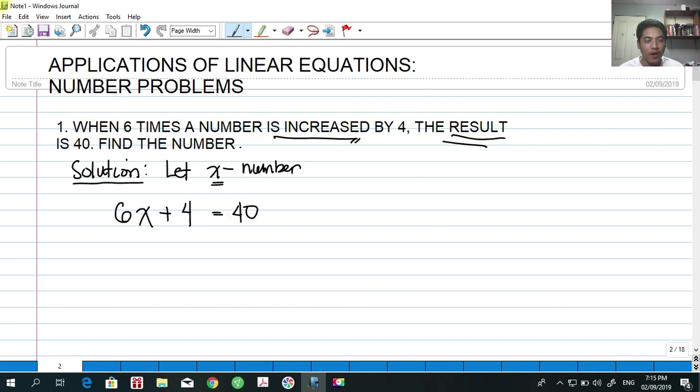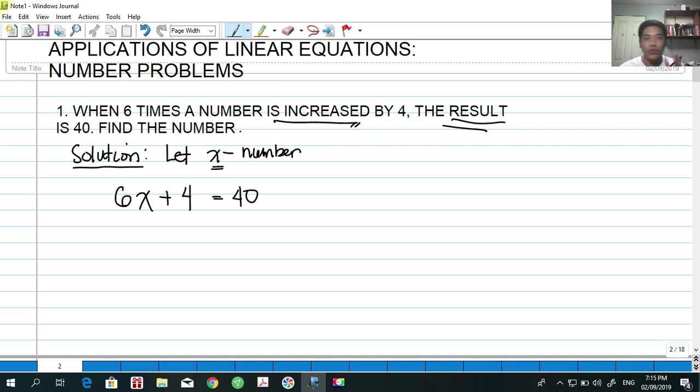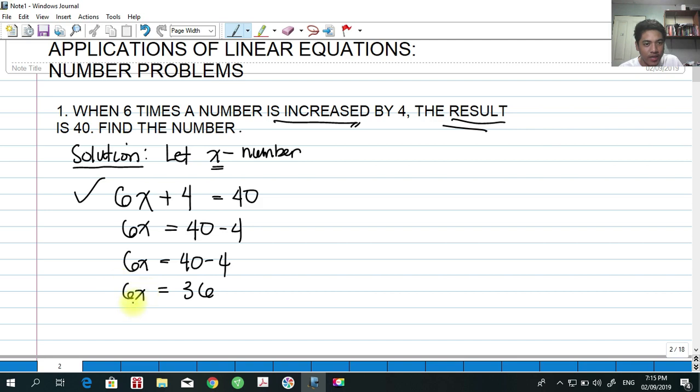Find the number. The very first thing we do is to set up the linear equation, and according to our problem, we're going to find that number, x. So in this case, we have written already the equation, so we have to find the value of x here. It's simple. By simple algebra, we have 40 minus 4 equals 6x. 40 minus 4 is equivalent to 36, and we have 6x here.